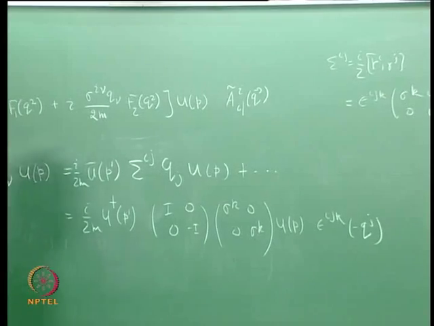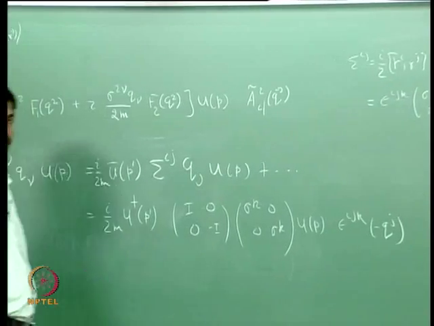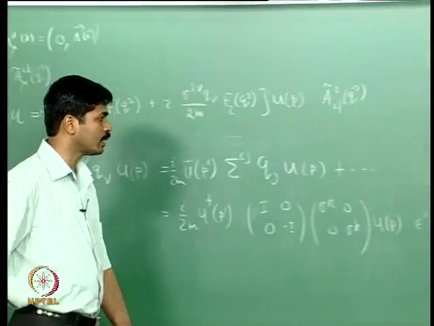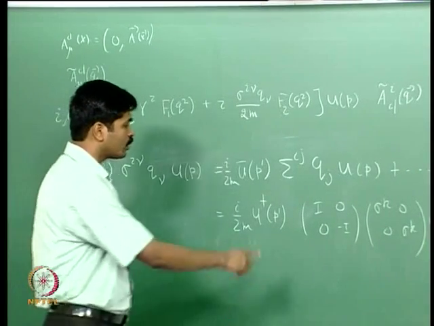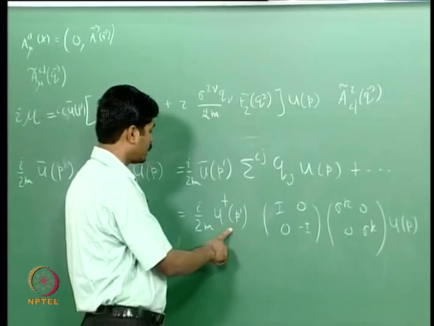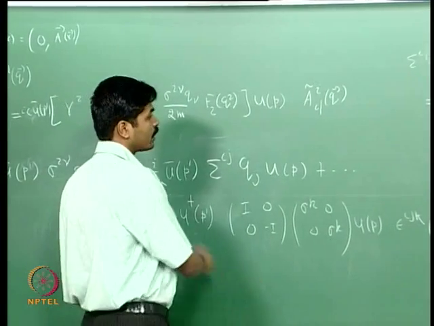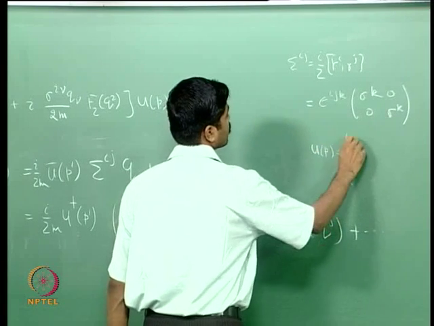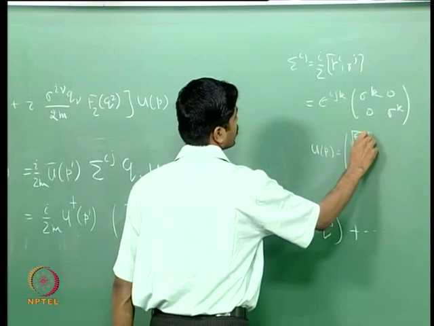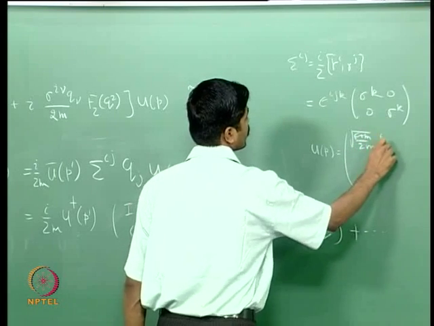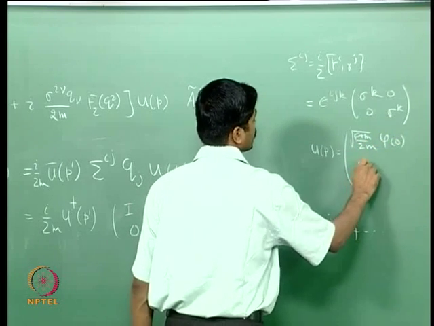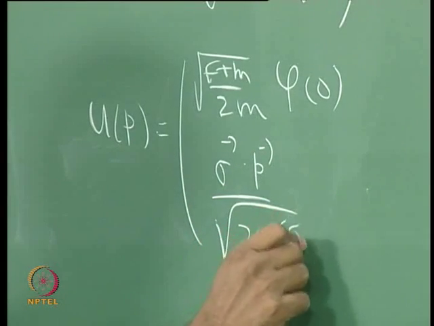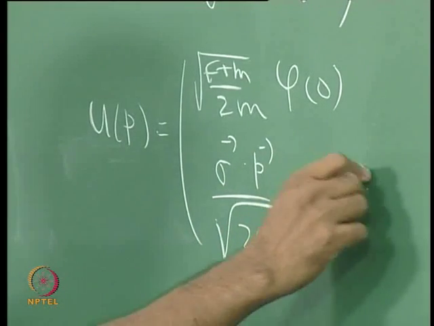Right. So, this is the term which is linear in q. Again you put this for u of p, you just put this formula: square root of E plus m over 2m phi 0, sigma dot p over 2m E plus m phi 0.